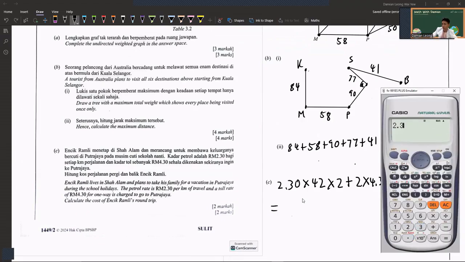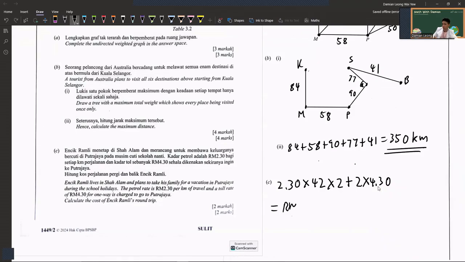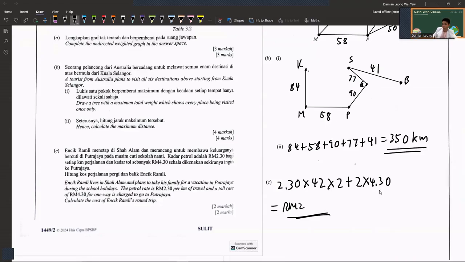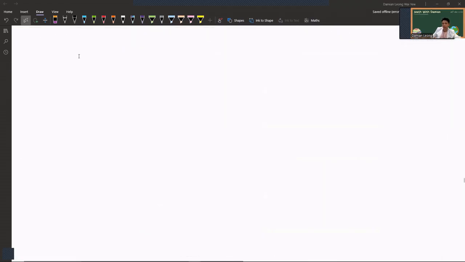So 2.3 times 42 times 2 plus 2 times 4.3, which is 201 ringgit and 80 cents. Sorry, 42, not 4.2. Yeah, 201 ringgit and 80 cents. That's for question 40.